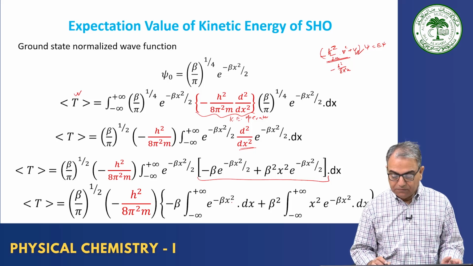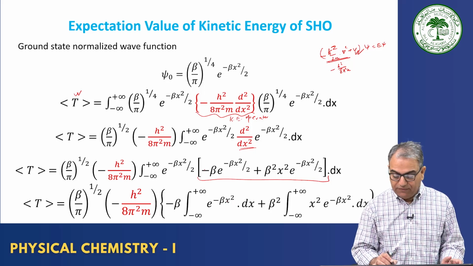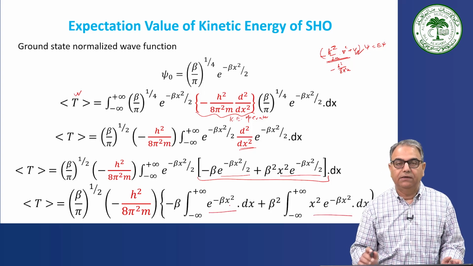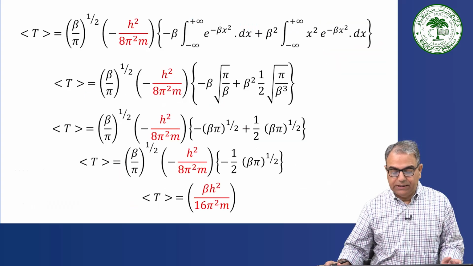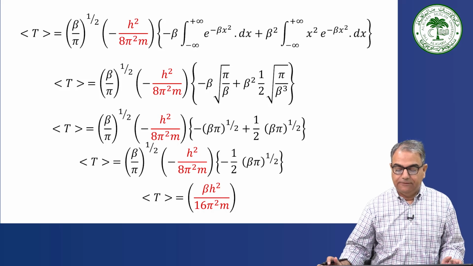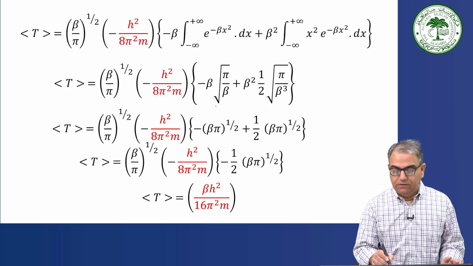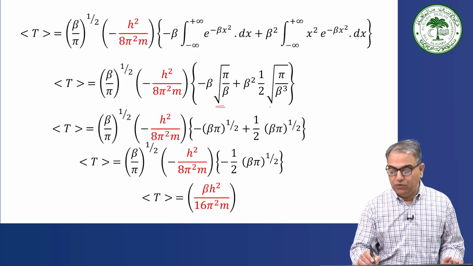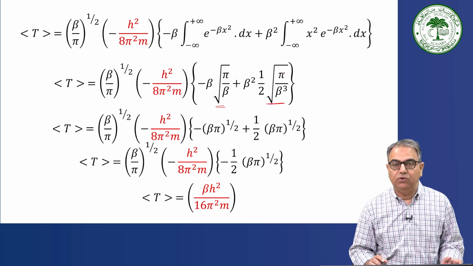And again, if you have to integrate, then you will have to integrate this and this, and both these two integrals you have done earlier. With this integration, what you get is root under pi divided by beta and 1 by 2 root under pi divided by beta cube.